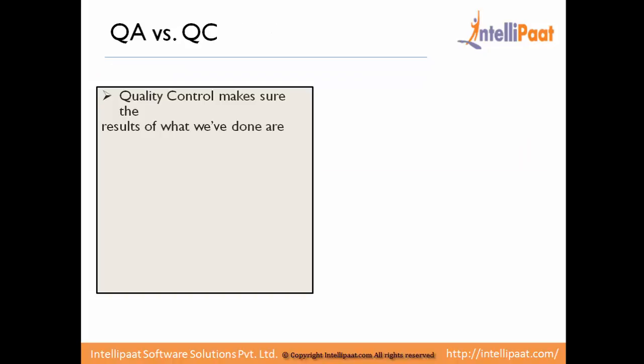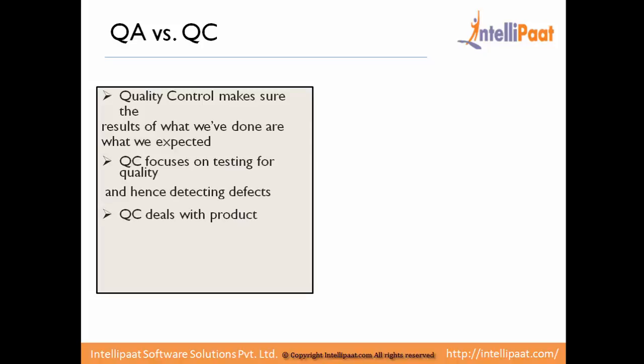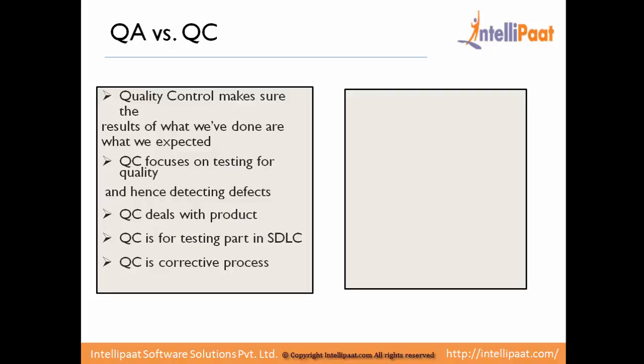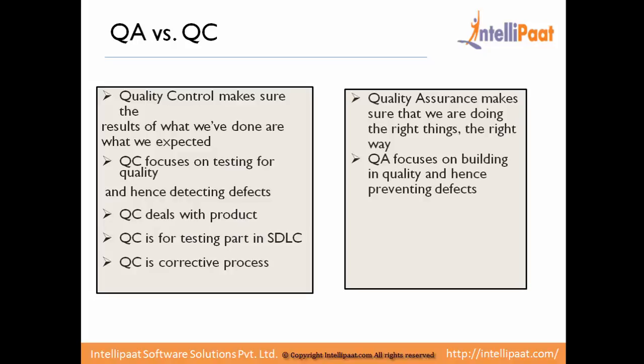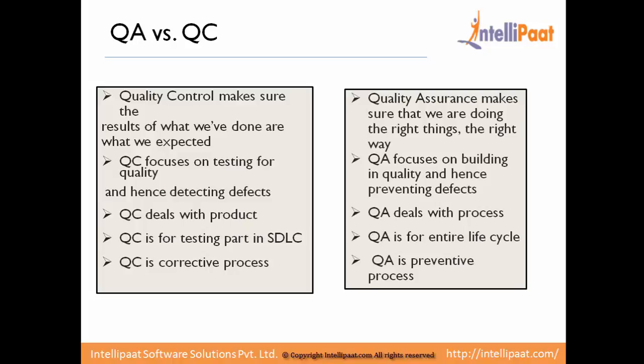So let's quickly see the difference between QA versus QC. What we saw is that quality control makes sure the results of what we have done are what we expected. Basically, it checks that what was required as per the requirements and specifications has been built according to what was required.